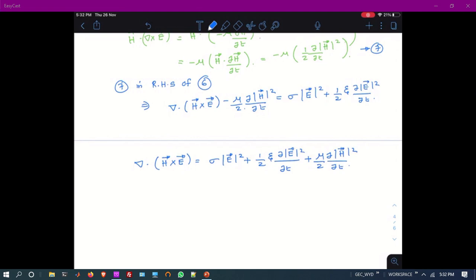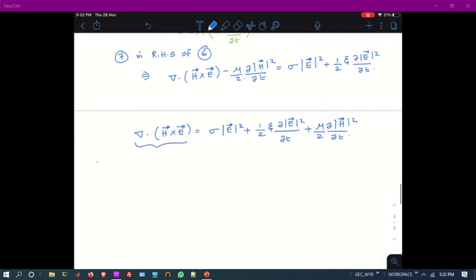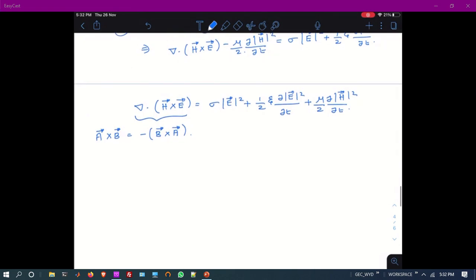Okay. Now let's rearrange this term. We know that A cross B is equal to minus B cross A. So I can write this as minus del dot E cross H is equal to sigma magnitude of E square plus 1 by 2 epsilon dou magnitude of E square by dou t plus mu by 2 dou magnitude of H square by dou t.